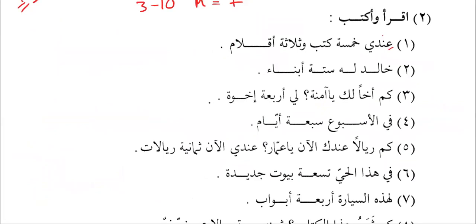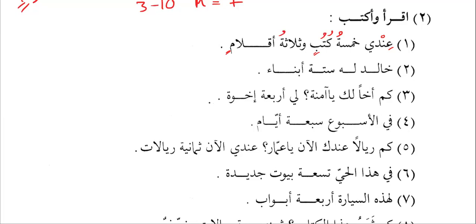Okay, let's start with Oasis. عندي خمسة كتب وثلاثة أقلام. ما معنى الجملة؟ I have 5 books and 3 pens. نعم. جيد.